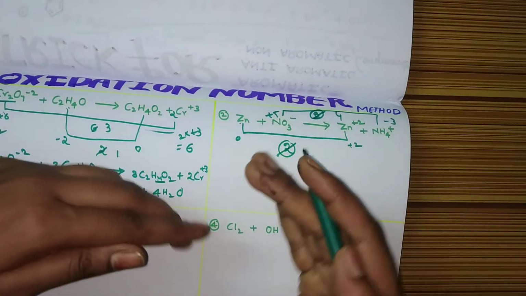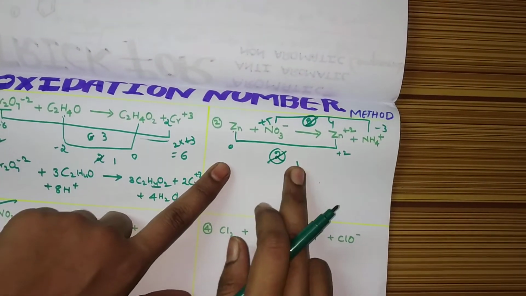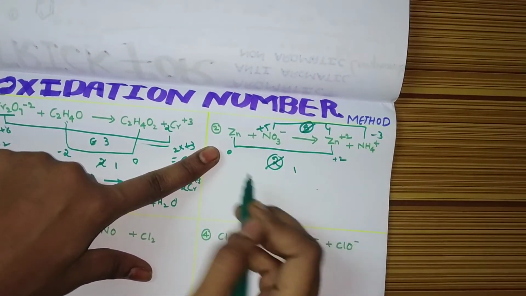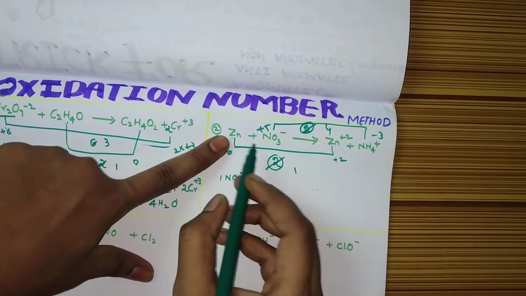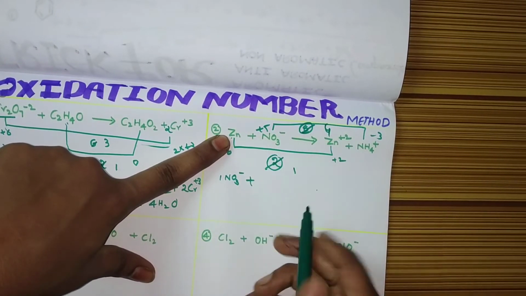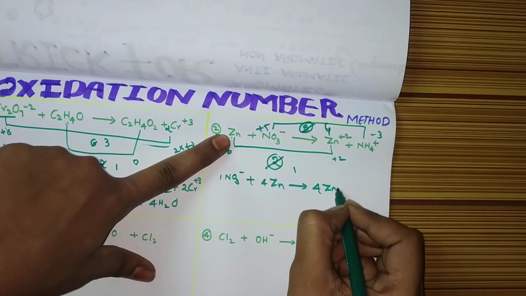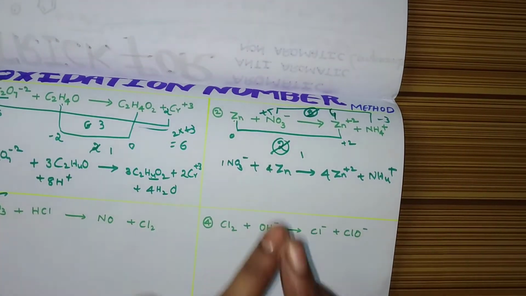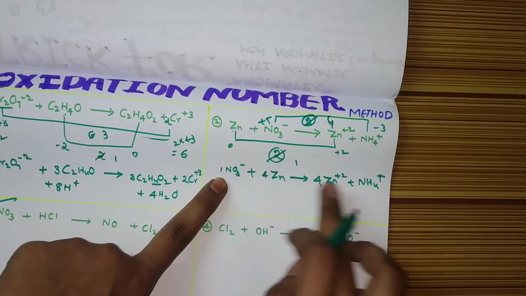Multiply with the opposite difference. For this reaction 1, so multiply that 1 to this reaction: 1 into NO3-. And multiply 4 to the other reaction: 4 zinc will give 4 Zn2+ plus NH4+. Now see whether atoms are balanced or not. 4 zincs, and 1 nitrogen, 1 nitrogen.